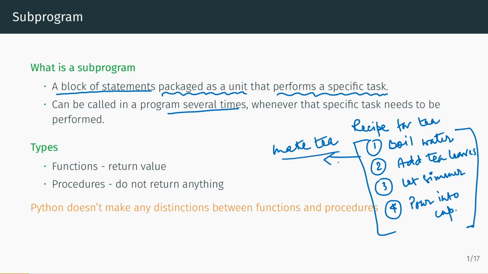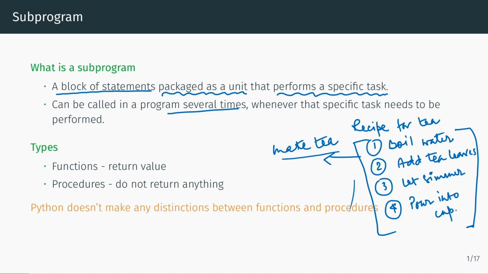Maybe you taught them, maybe it's something that you learned yourself. Once you learn what the steps are, you don't have to spell them out. You can just say make tea, and somebody who knows the recipe will know how to make tea. So essentially, it makes it easier to think about problems.